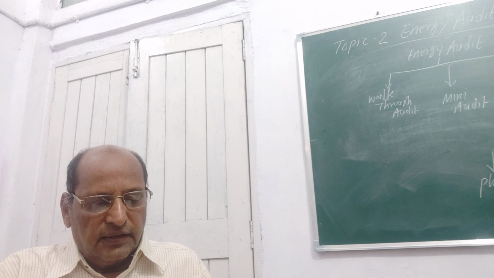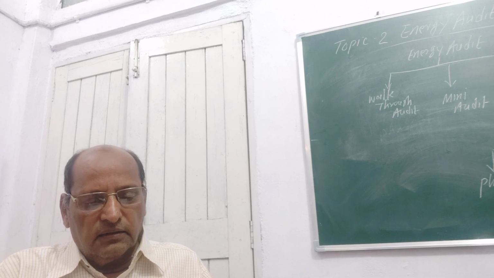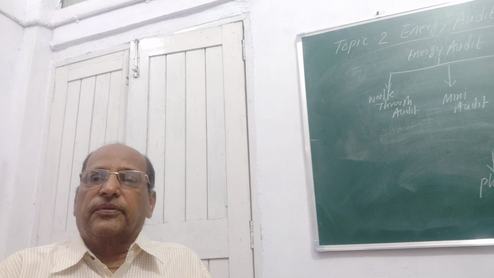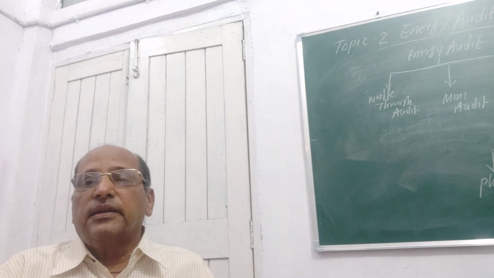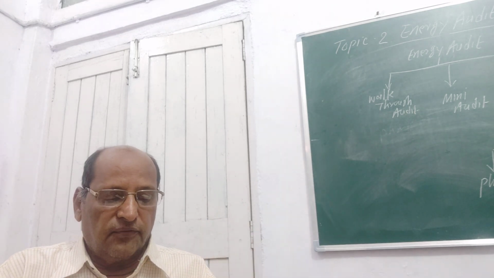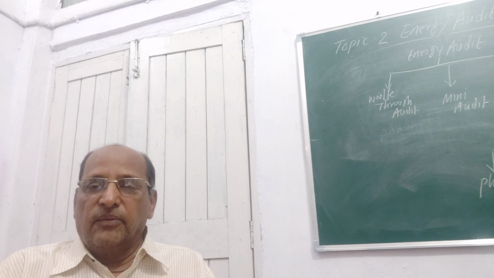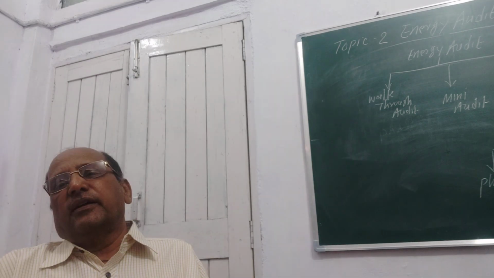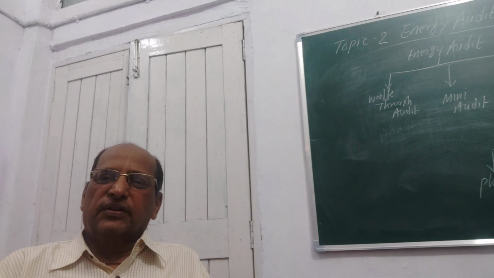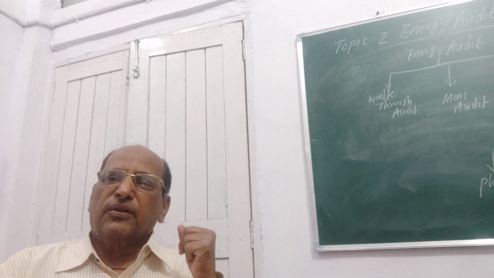Then in the detailed energy audit, the following steps are carried out. What are the steps to be carried out in energy audit phase 2, that is the energy audit phase? First is the study of primary data, process flow diagram, and energy audit diagram. There is a flow diagram available in every industry for their manufacturing process.